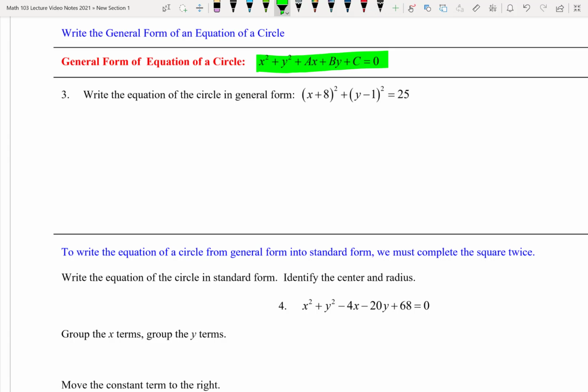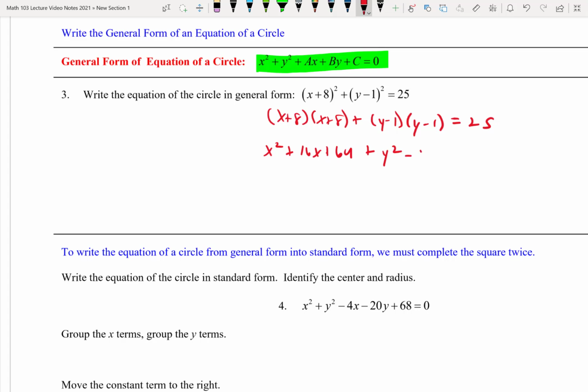That's accomplished by expanding. Alright, so we get x squared plus 16x plus 64 plus y squared minus 2y plus 1 equals 25.